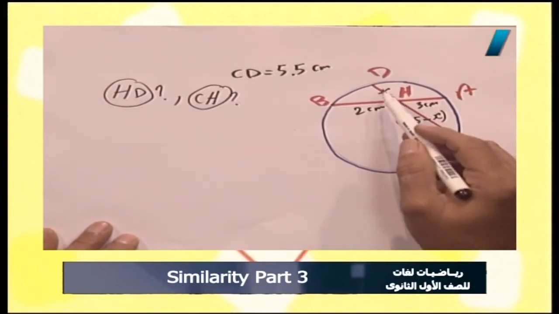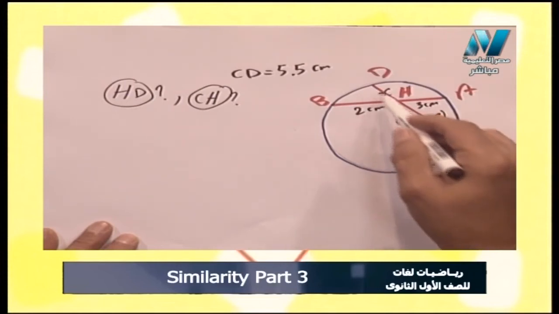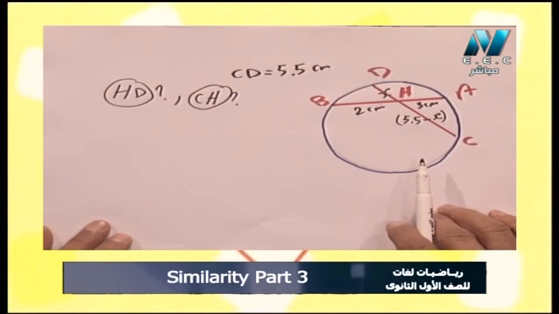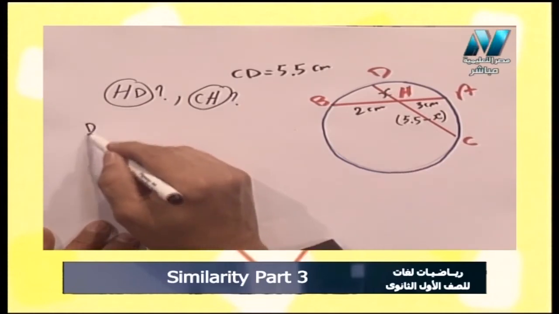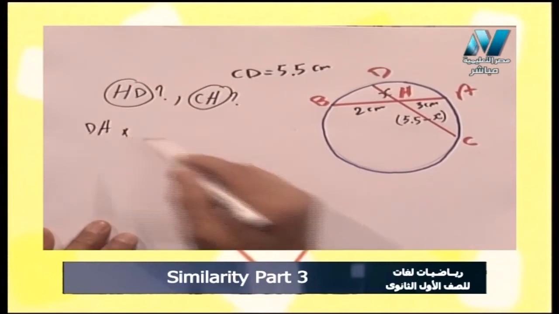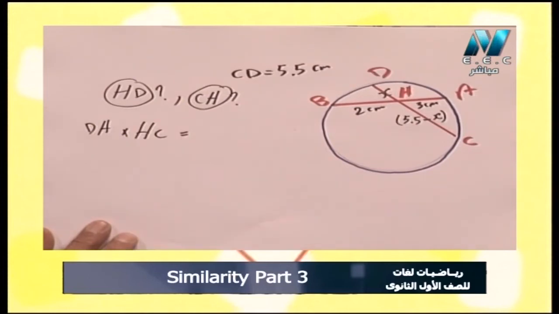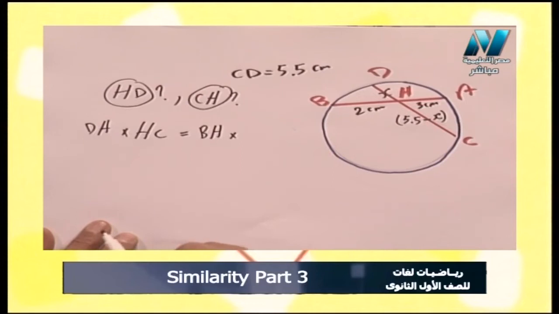If we suppose one of them equals X, the other one will be 5.5 minus X, because the total length here equals 5.5. And we will try to apply the relation between them. We have here DH multiplied by HC will be equal to BH multiplied by HA.